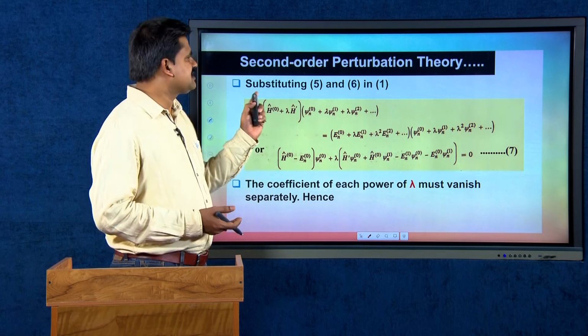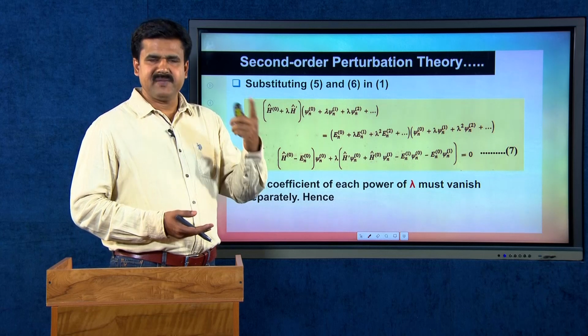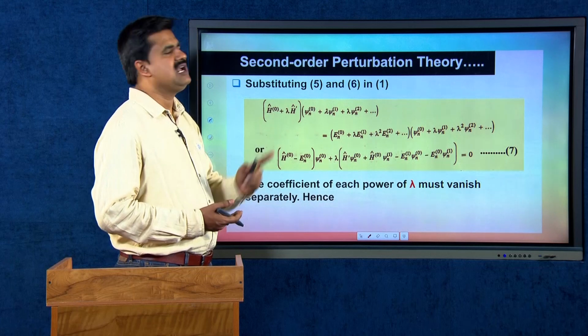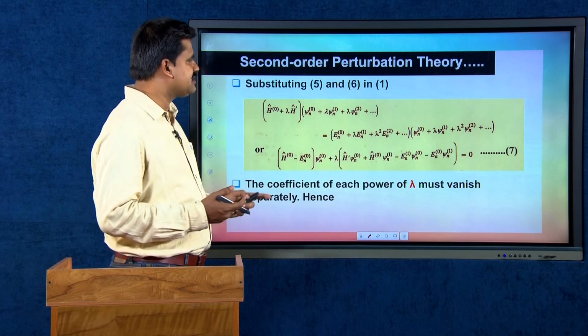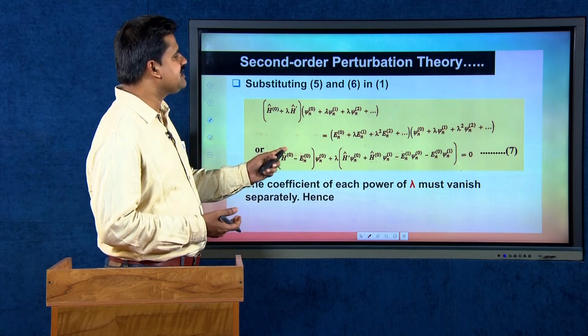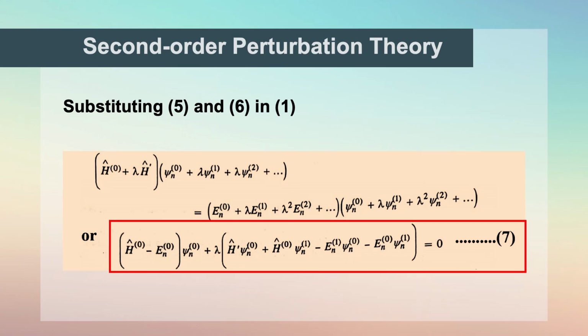Now, on substituting equations 5 and 6 in the original Schrodinger equation, Hamiltonian psi is equal to E psi, after some mathematical rearrangement we get a final simplified equation of the form: H hat 0 minus En0 into psi n0 plus H hat dash psi n0 plus H hat 0 psi n1 minus En1 psi n0 minus En0 psi n1 equal to 0.